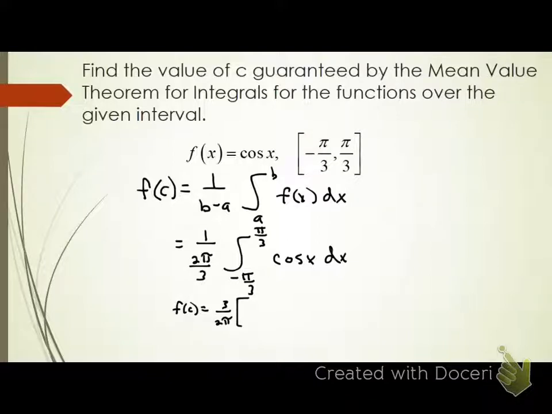And then let's go ahead and take the antiderivative of cosine, which is sine of x from negative pi over 3 to pi over 3. So we're going to put 3 over 2 pi times, okay, you guys are better at this than me. What's the sine of pi over 3?